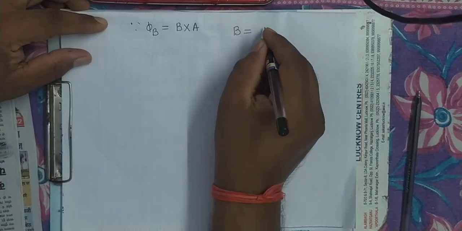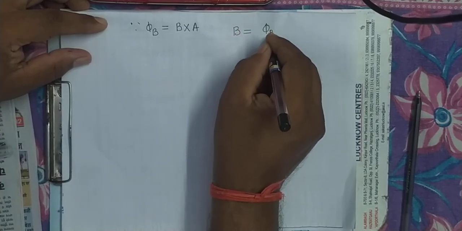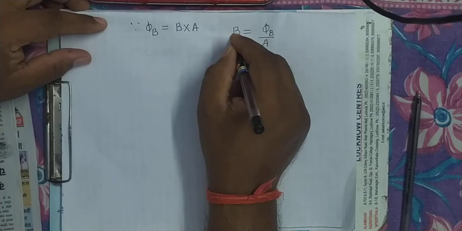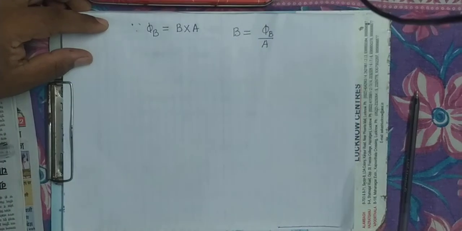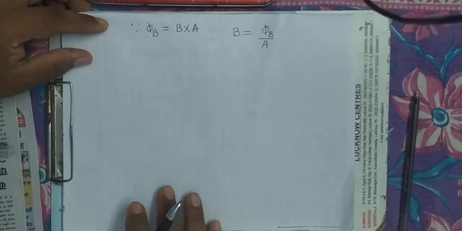It represents the strength of the magnetic field. It is the magnetic field intensity.